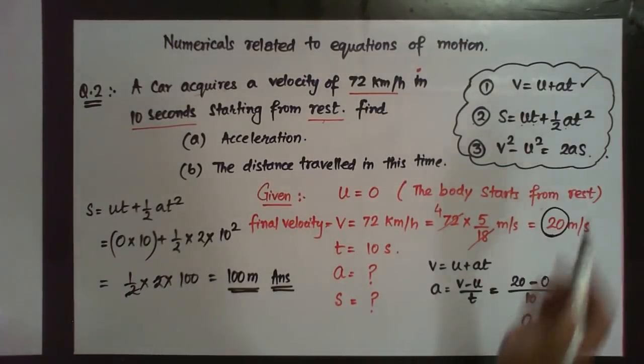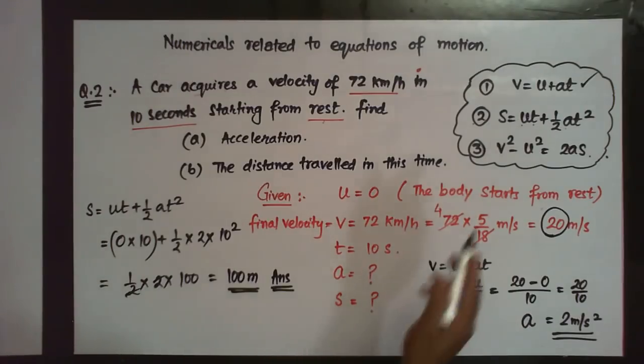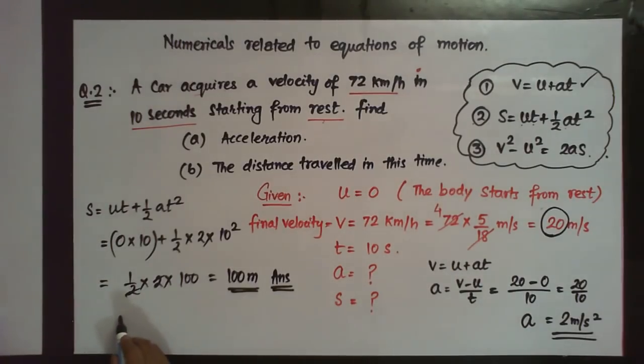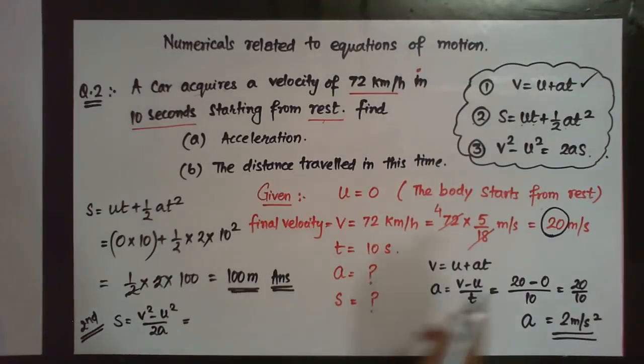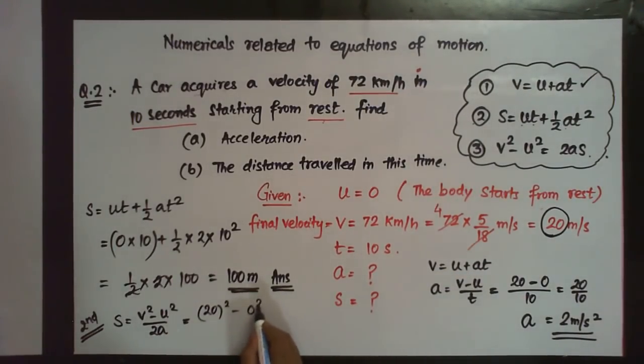If you want to use the third equation, we can write S is equal to V square minus U square by 2A. So V square is 20 square minus 0 square by 2 into 2. So it is 400 divided by 4.